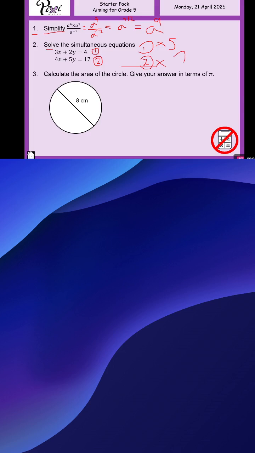Multiplying the first equation by 5, we're going to have 15x plus 10y equal to 20.